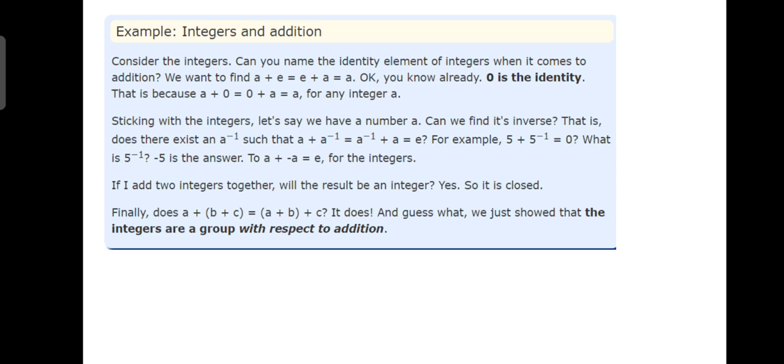So the negative of any number would be the inverse of that number. Even for 0, the negative is 0 itself, so the inverse of 0 will be 0, because if we add 0 to 0 then we get 0, our identity. So each element of integers has an inverse. So all the four properties are satisfied. Therefore, integers with respect to addition form a group.